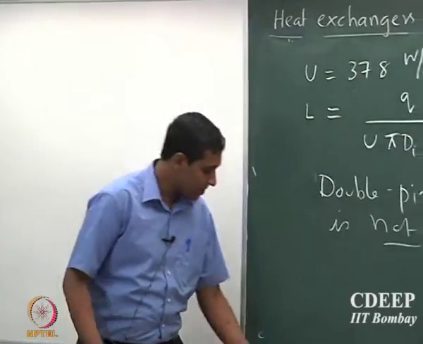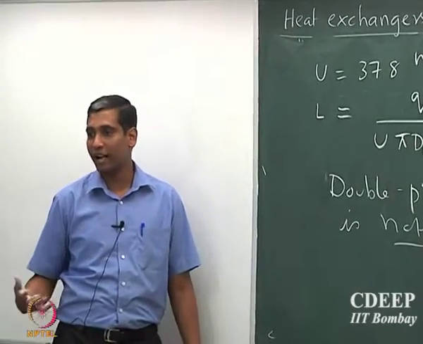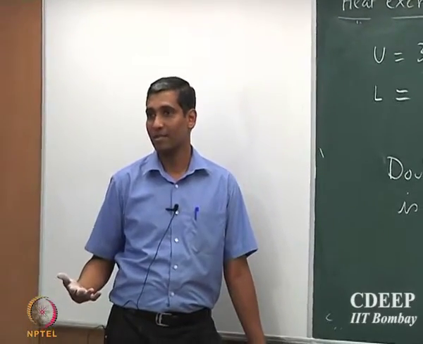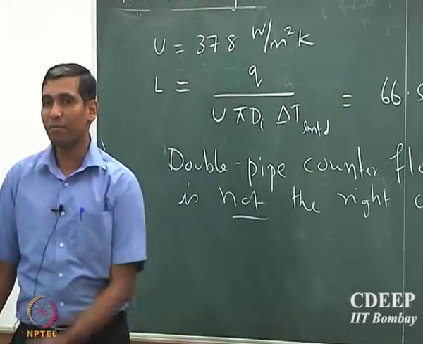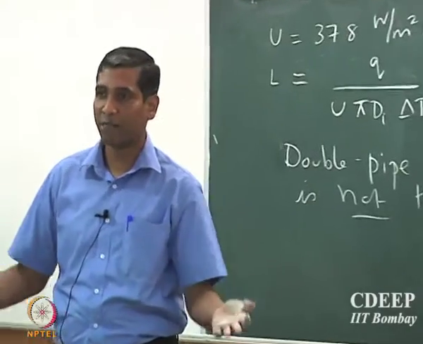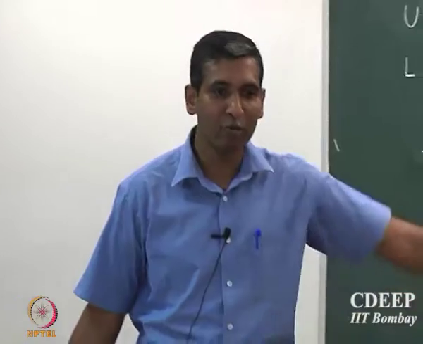This is where using these correlations and trying to estimate the design plays an important role. If you do not estimate the approximate length or the dimensions of the heat exchanger, you will never be able to decide whether you are doing an efficient job.